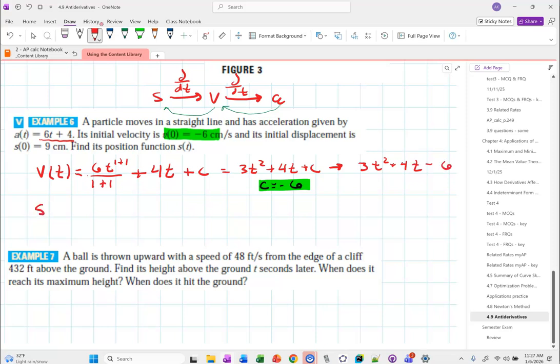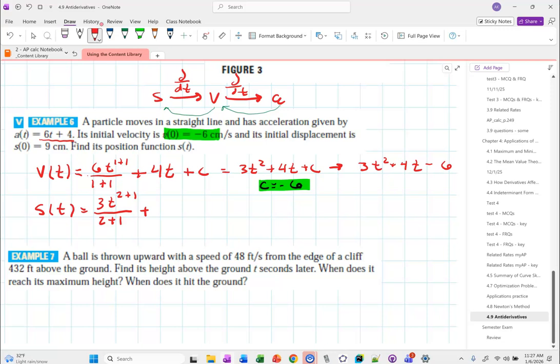Okay. Now let's do our general antiderivative of velocity. So what's our antiderivative of 3t squared? Yep, 3t to the third over 3.